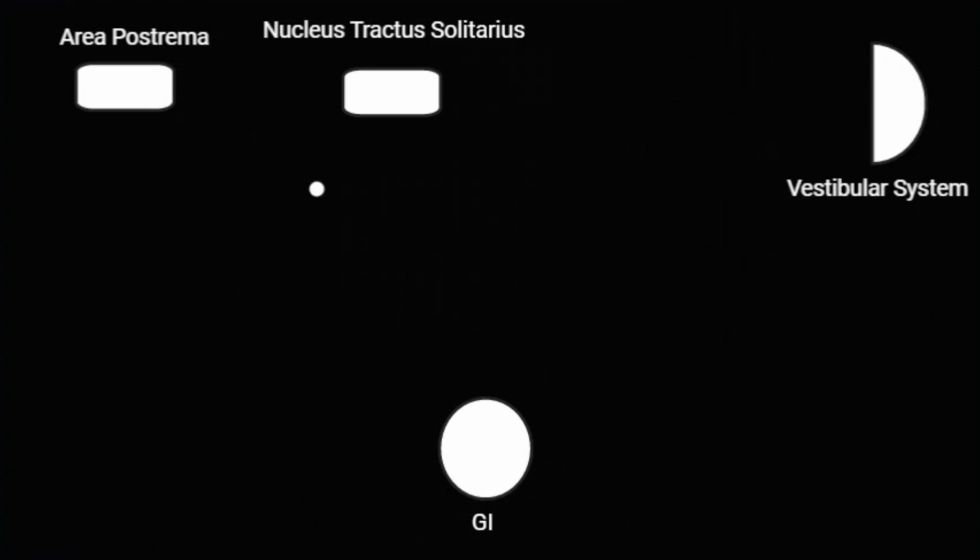So the first thing you need to know is that the nucleus tractus solitarius is your vomiting center. So this is the center. Okay? Everything eventually leads back to the nucleus tractus solitarius.